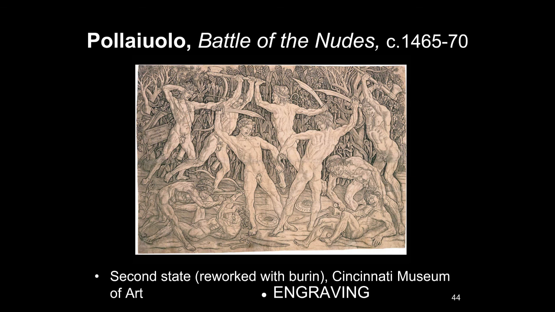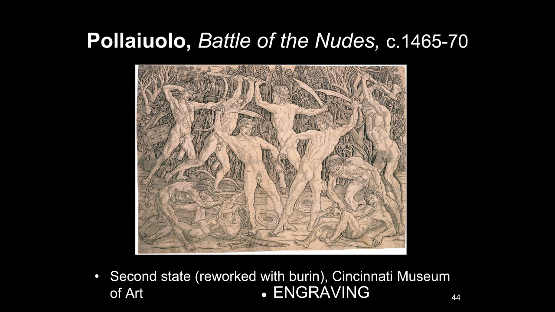Then they have the second state, the second version, and that has been reworked. Whether it's Pollaiuolo or somebody else, has gone over the plate with a burin and darkened many of the lines, made them deeper. You may remember that when you are using an engraving, you are cutting away the metal, and the deeper you cut the line, the darker the line is, because it can pick up more ink in the grooves.